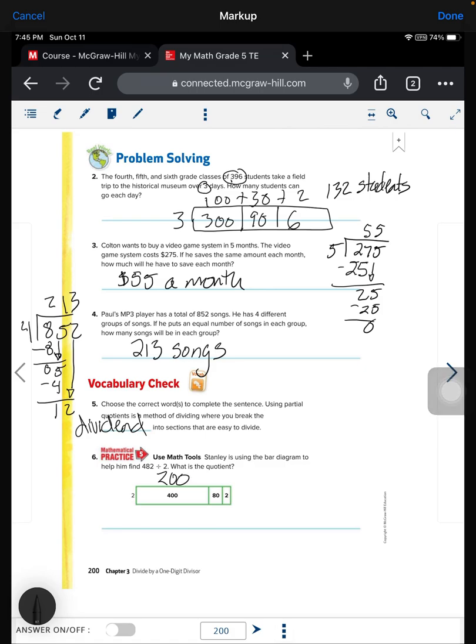So 2 will go into 400 200 times. All right, 2 will go into 8 at least 4 times. Bring the 0 up, because 2 will go into 80 40 times. 2 will go into 2, well, just once. So then, adding those all together, we have 2 in the 100th spot, a 4 in the 10th spot, and the 1 in the 1 spot. So that is going to be his answer.